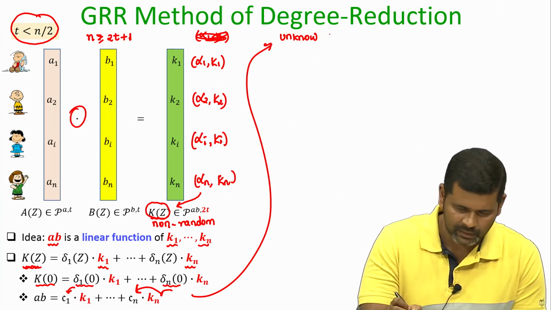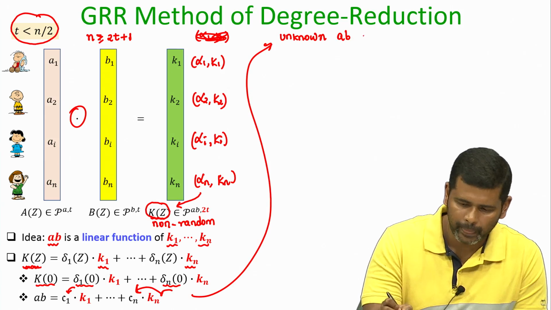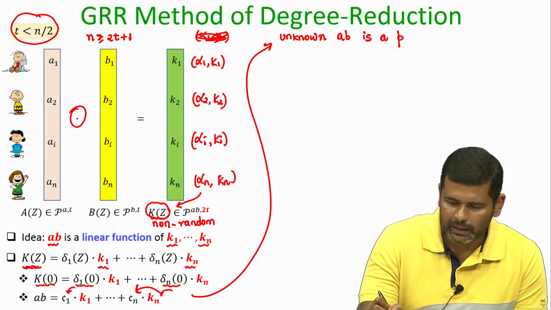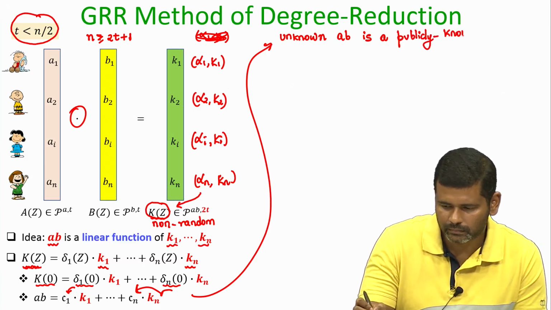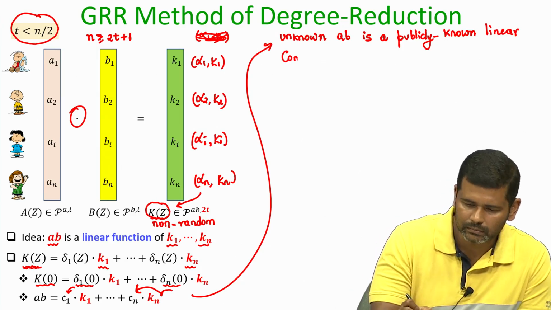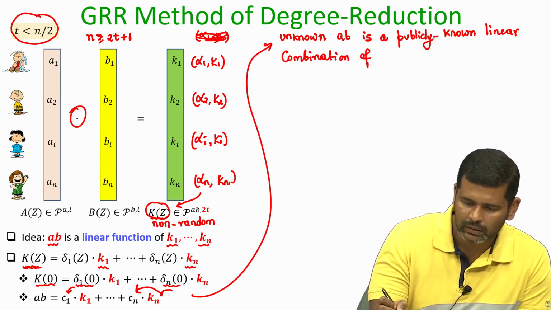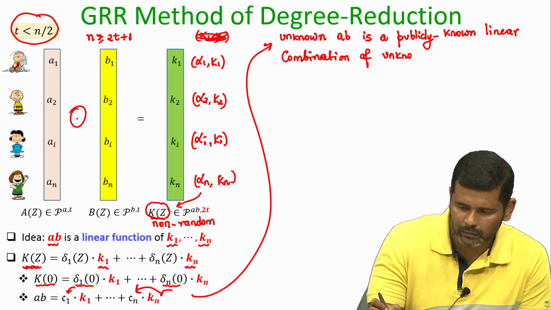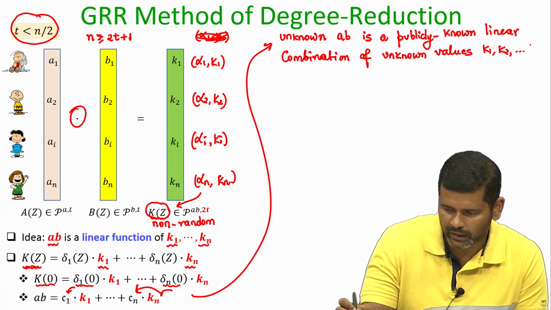So, what we have summarized here is that based on Lagrange interpolation, we know that this unknown AB, A times B, is a publicly known linear combination of unknown values k1, k2, kn.